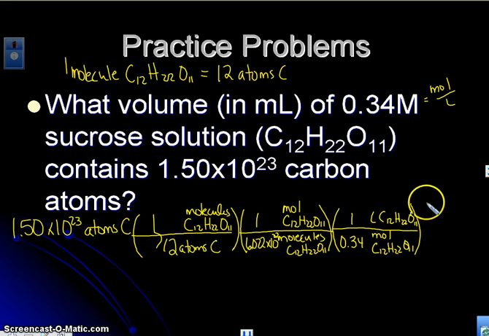You can do that in your head, or we can just tack on another conversion factor here to go from liters of C12H22O11 to milliliters.